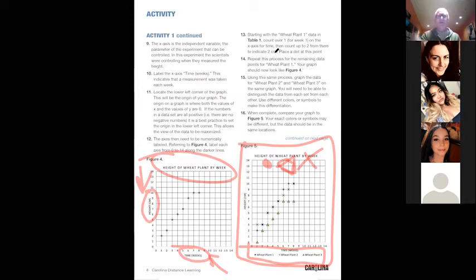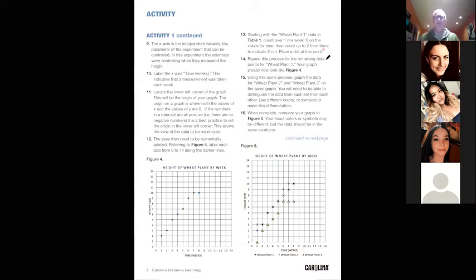So why don't we just go ahead and quickly draw, for plant number 1, and then we'll see what people have. Just take a few minutes. You can see on the plot they give you, there's a space for a title, there's a space for the y-axis title and the x-axis title.